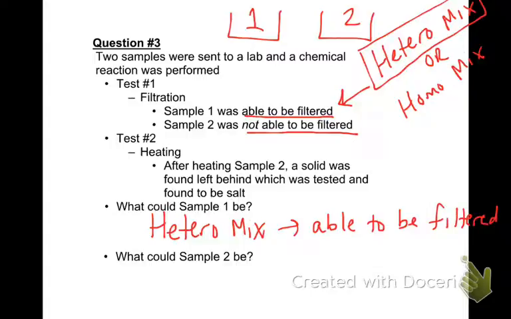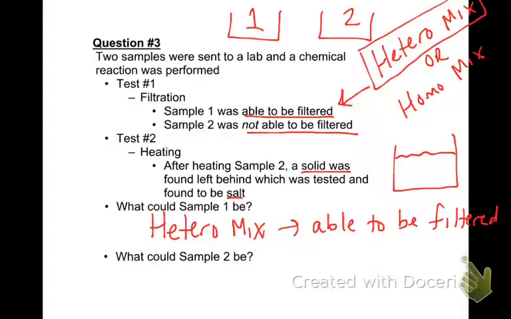Sample 2 was then sent on for further testing. It says after heating sample 2, a solid was found left behind, which was tested and found to be salt. So after heating, okay, so that means that sample 2, some heat was added, something happened to it. A solid was found left behind and found to be salt. That is telling us that we had something, if it was not able to be filtered, it's either a homogeneous mixture, a compound, or an element. But now it's saying we found something left behind and it was salt after we boiled it.